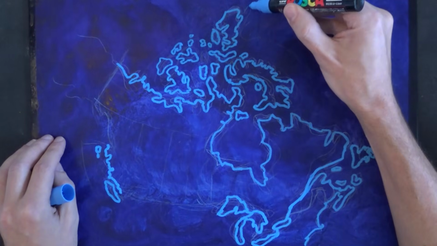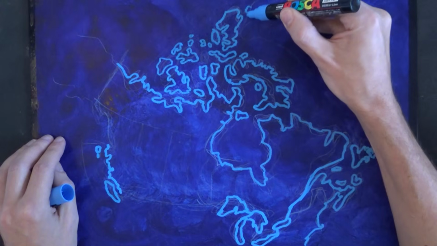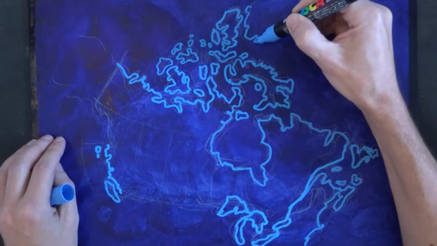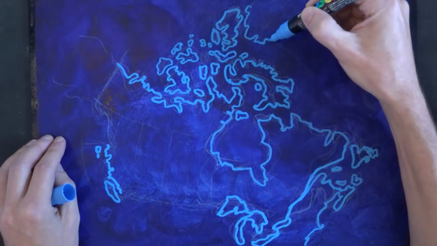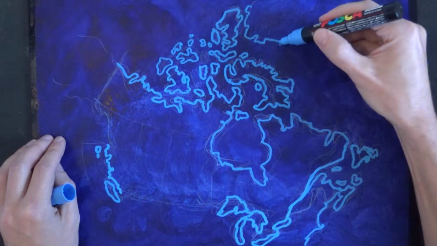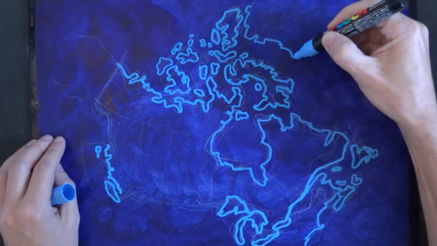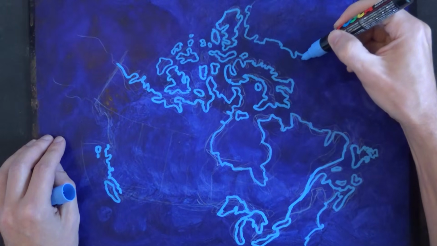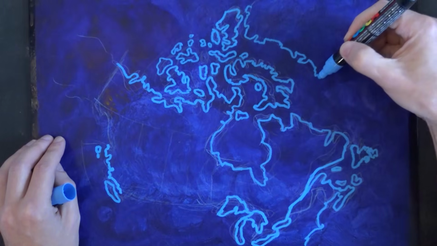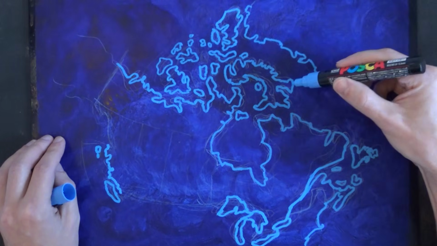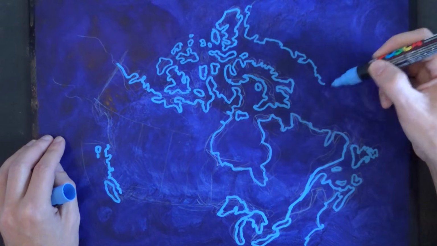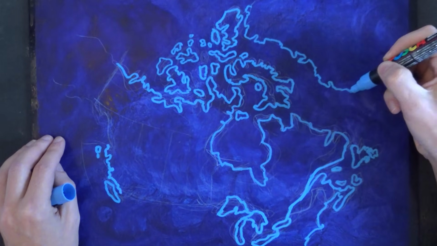I'm going to draw the coast of Greenland as well here. So you can see the entire shape of Baffin Bay, Davis Strait there. So this is the western coast of this huge island, Greenland.